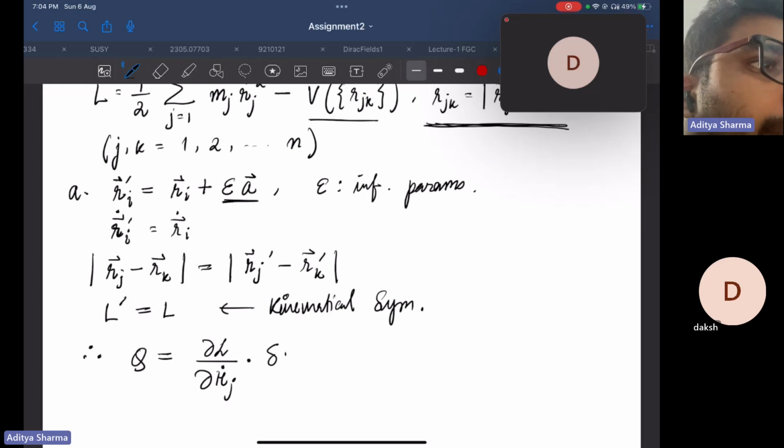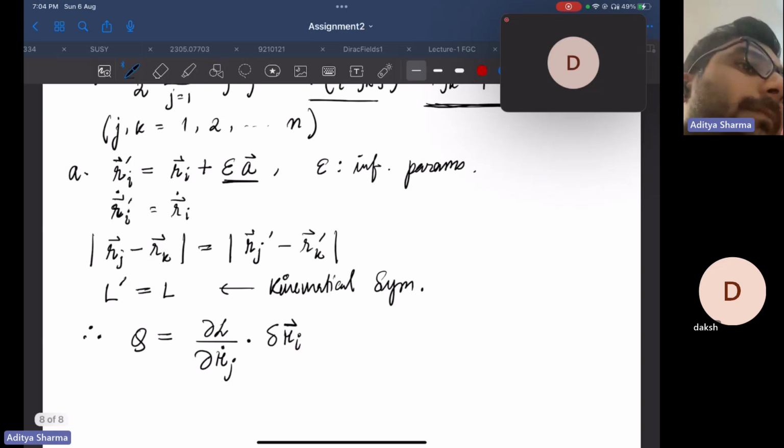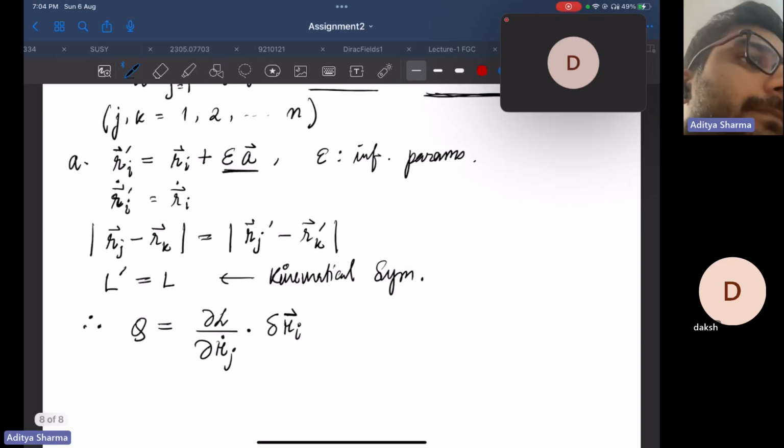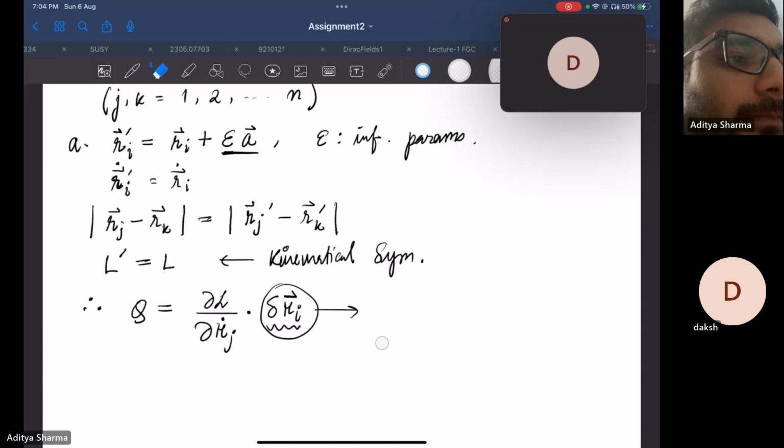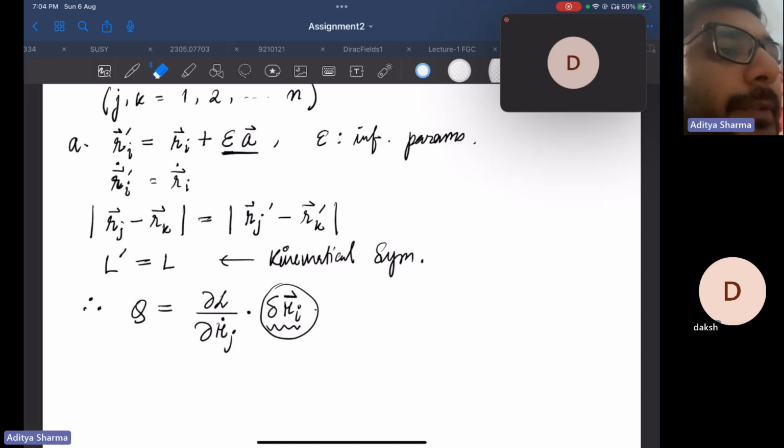That is delta Ri I am writing, and delta Ri is nothing but epsilon A. This delta Ri is what he says as dou L by dou A, dou L by dou epsilon in our case. In our case, the parameter by which we are shifting is epsilon. So delta Ri is epsilon A.